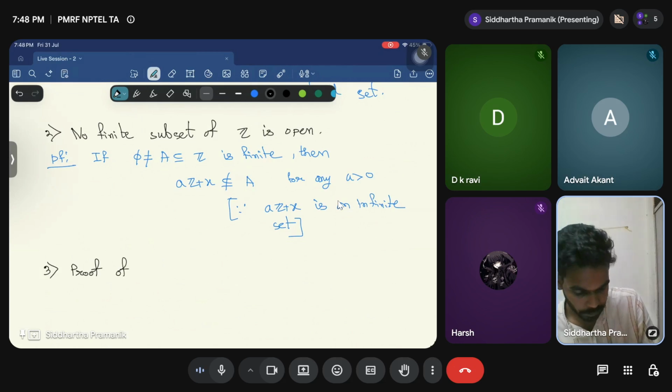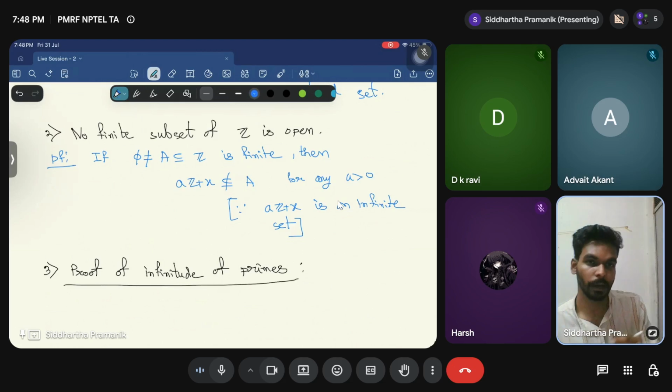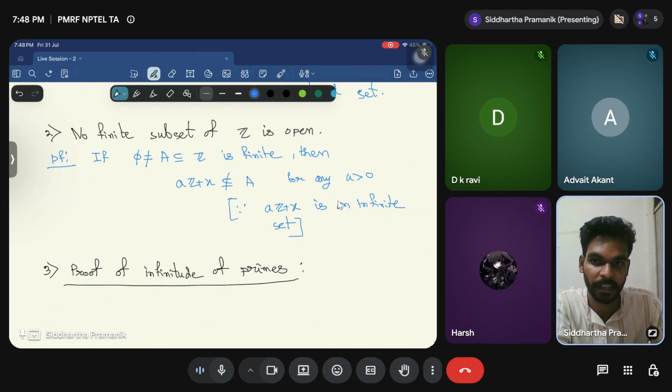Because of this, it is known as the F topology. It was proved by Furstenberg. So what does it mean? I want to prove that if you take the set of all prime numbers, then that is an infinite set.